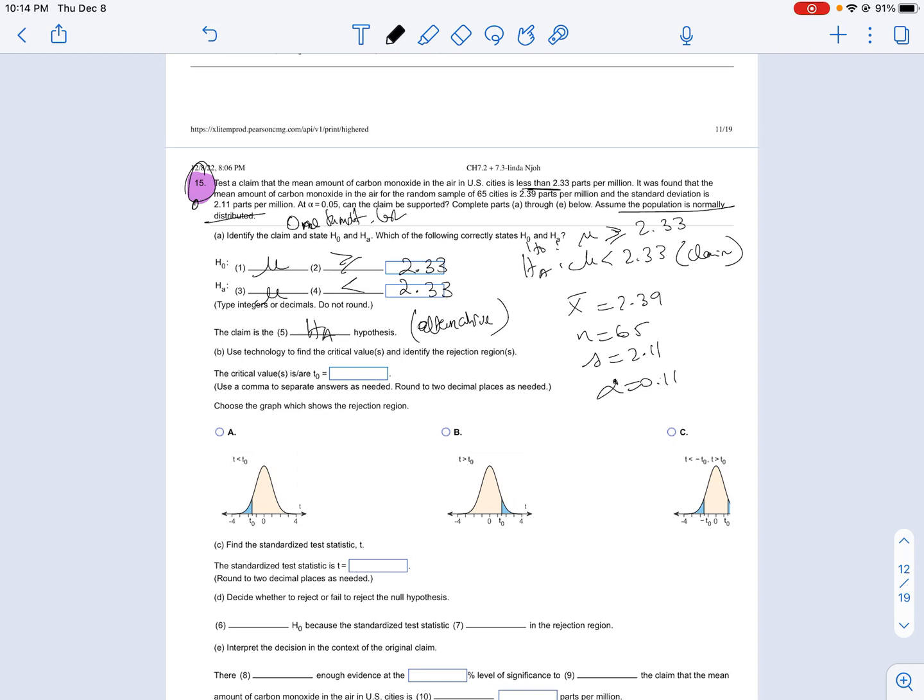Critical value, this is a less than sign. We're going to find a critical value in a minute, but it looks like this for sure. So alpha is here. Alpha was what? 0.05.